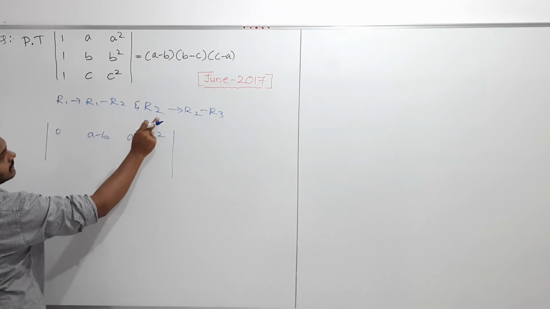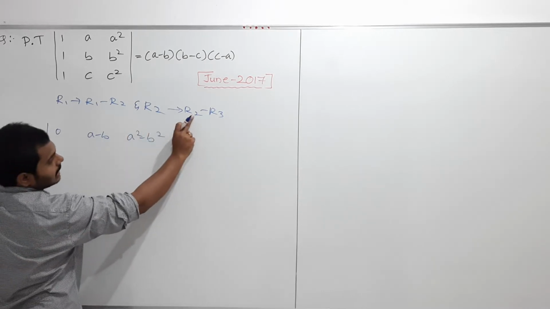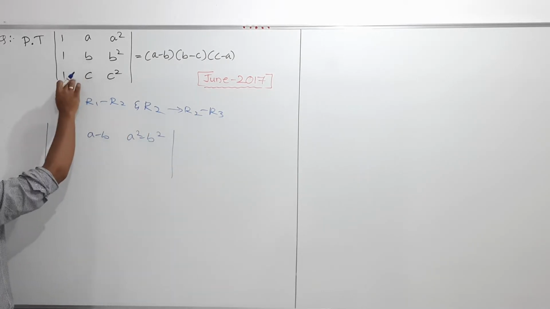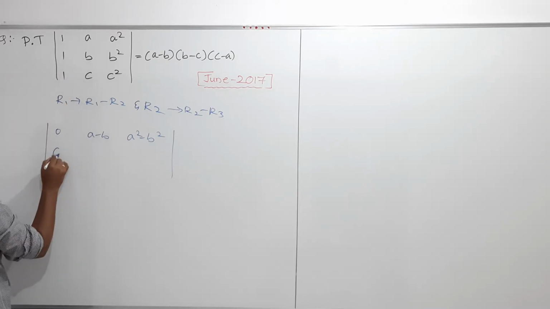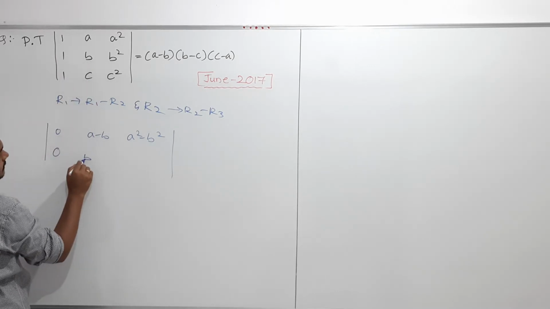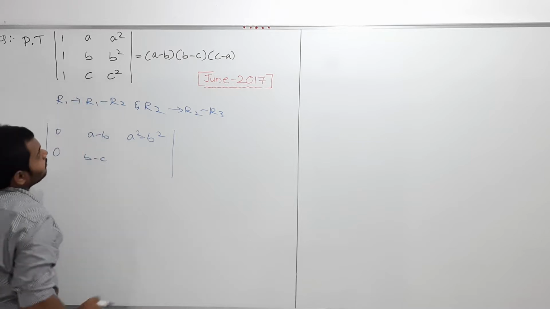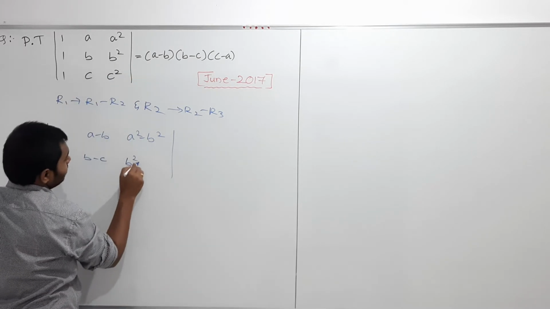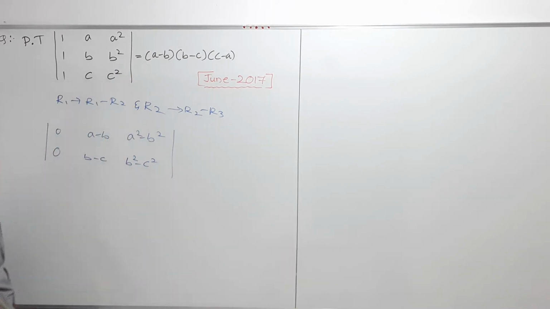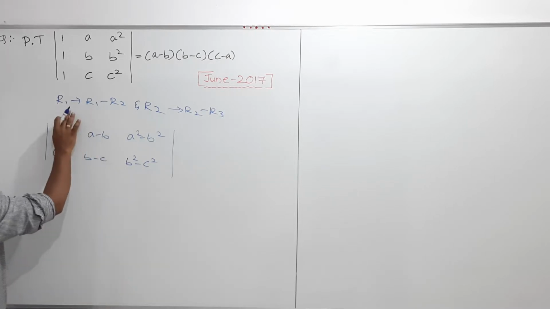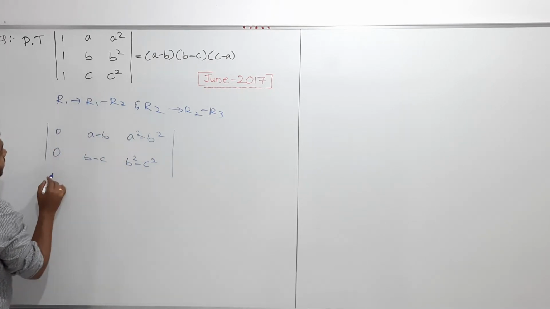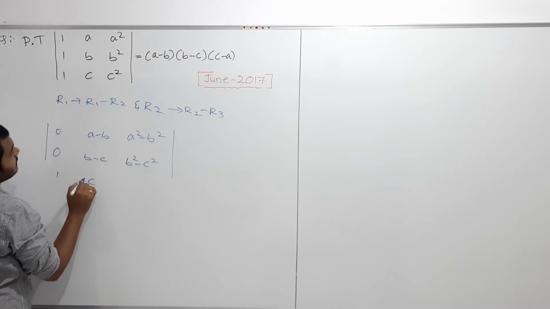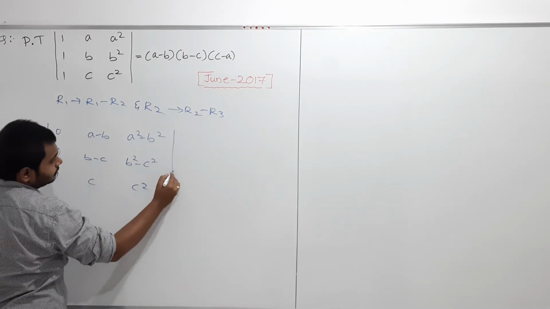Next R2 changes to R2 minus R3: 1 minus 1 is 0, then b minus c, and next b square minus c square. The third row is as it is. Only R1 and R2 change, and the remaining elements of the third row stay the same: 1, c, c square.